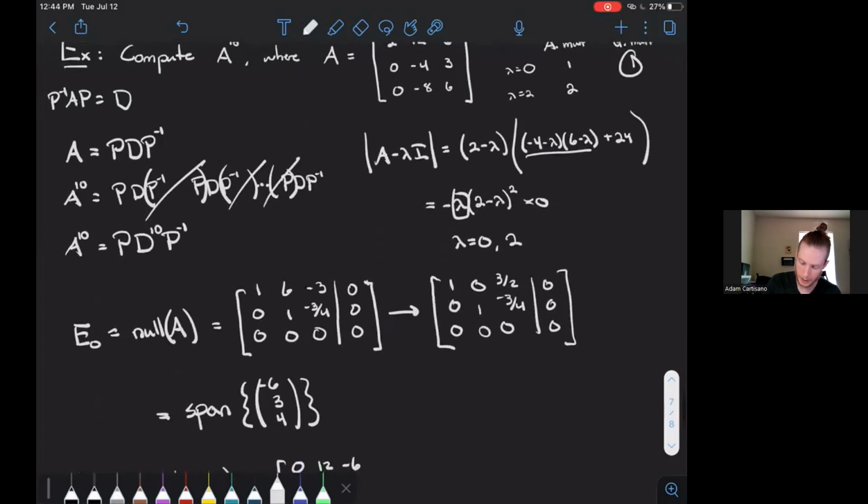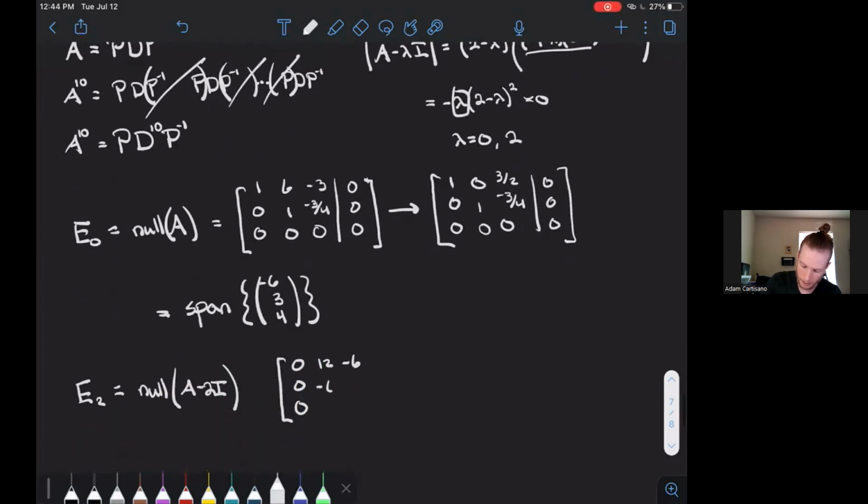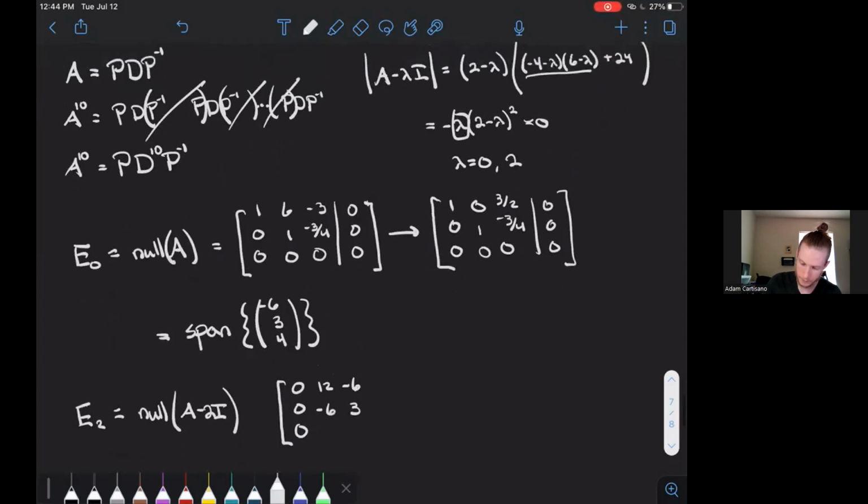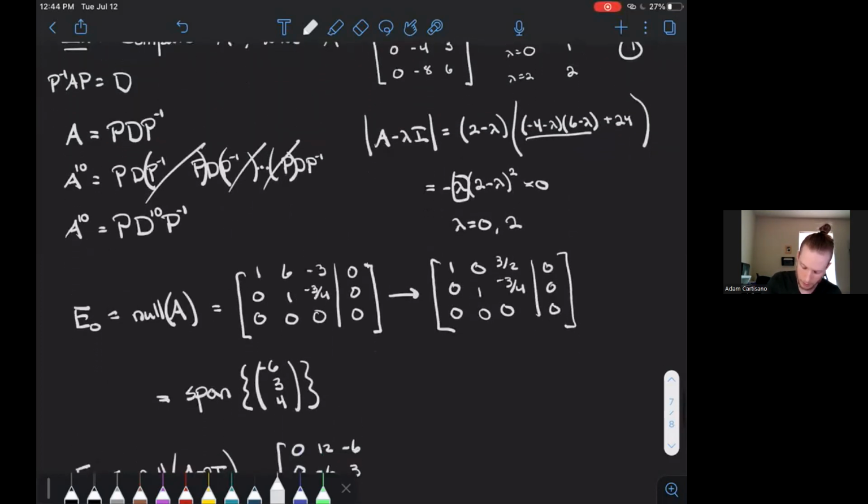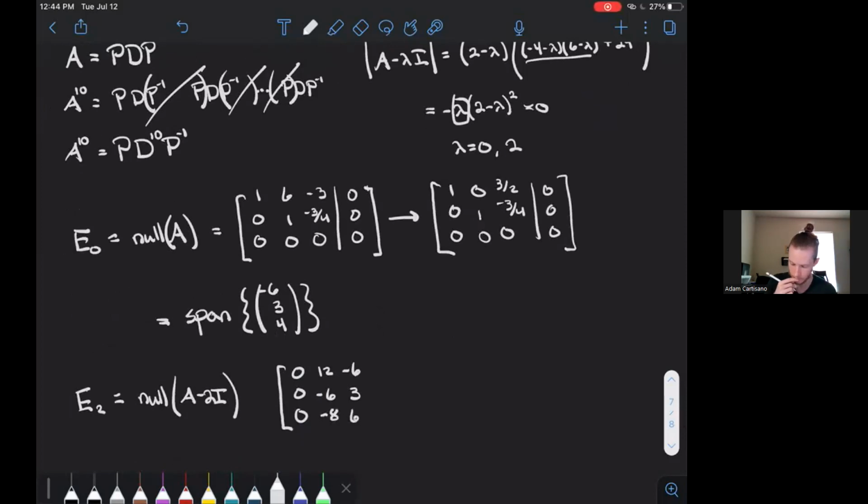And then we've got -6, 3, -8, 4. So we have to subtract 2 from that 6, right? Augment with 0, 0, 0.